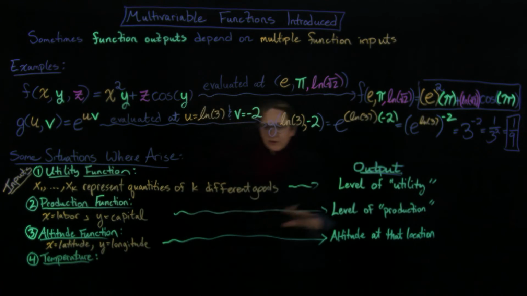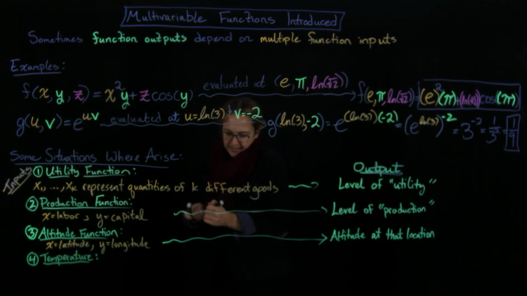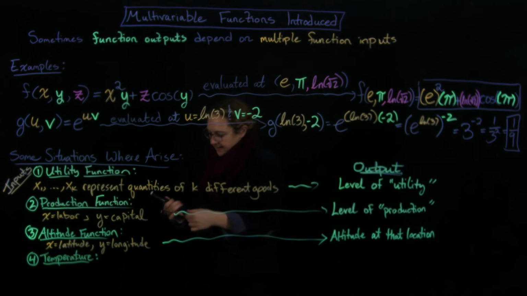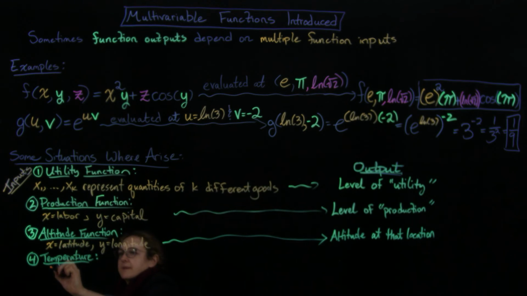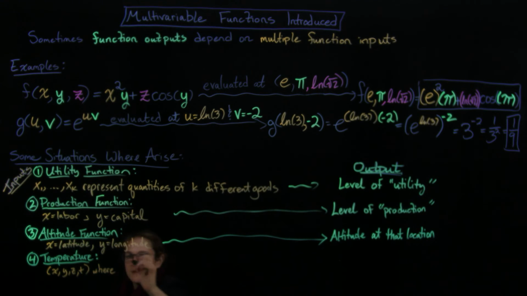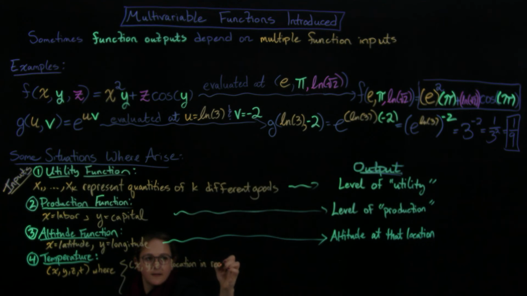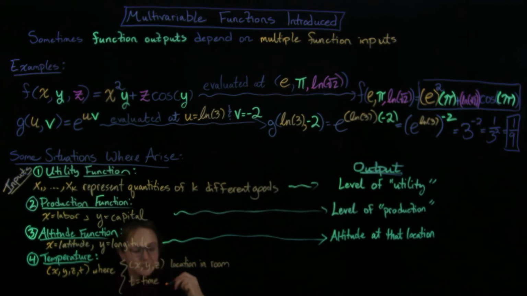So here's the temperature function, and my inputs might look like X, Y, Z, T, where the point X, Y, Z is the location in the room, and T equals the time we're evaluating at.